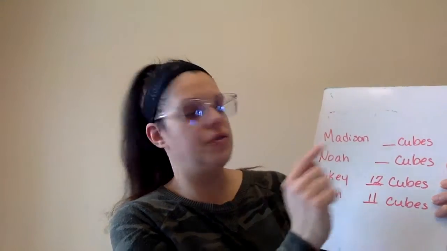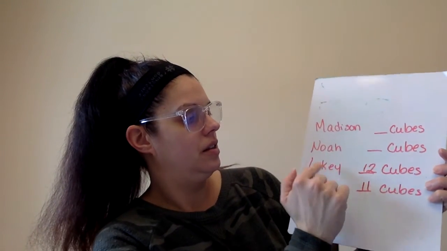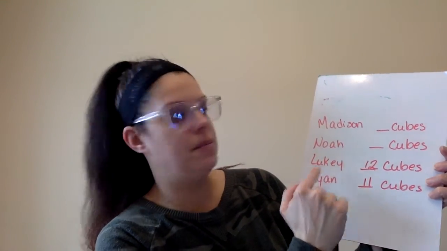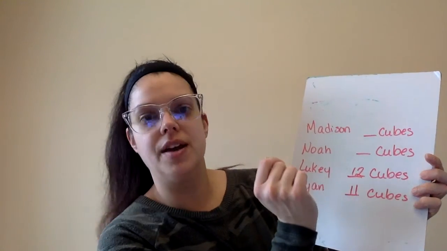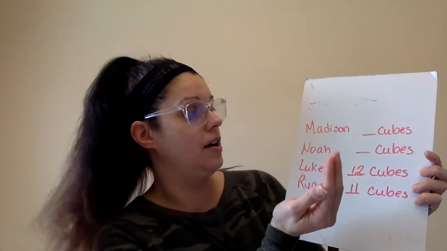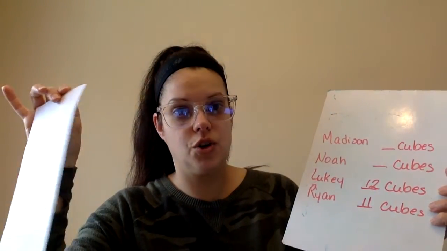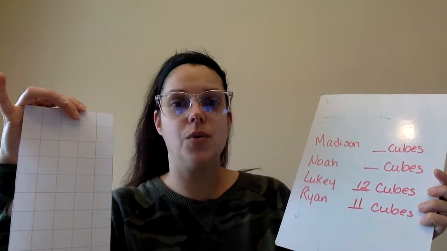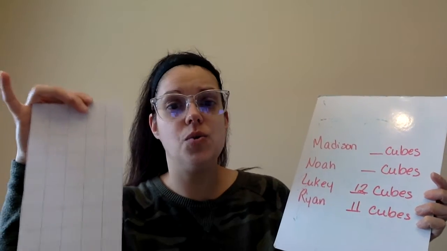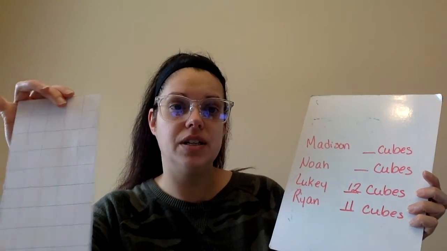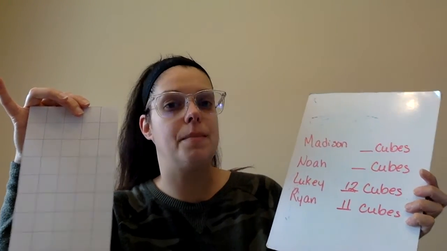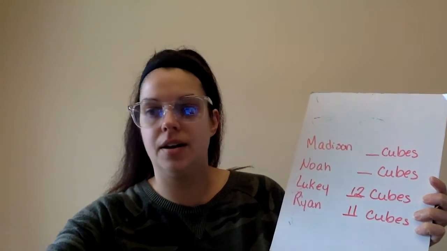And if you can't print out the form, you're just going to write the name of your family member, blank cubes, right? This way you know how many cubes long their shoes are. And remember, you have your cubes that you either printed out, or if you have regular cubes, or if you cannot print it out, you can upload this onto your screen and just measure the shoes against your screen.